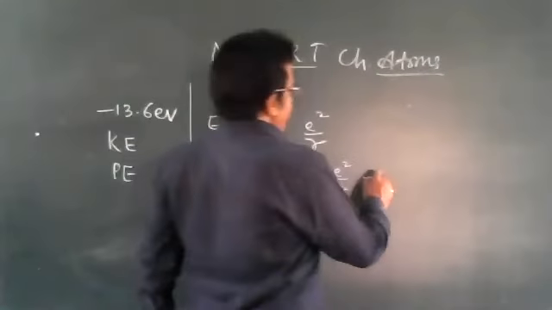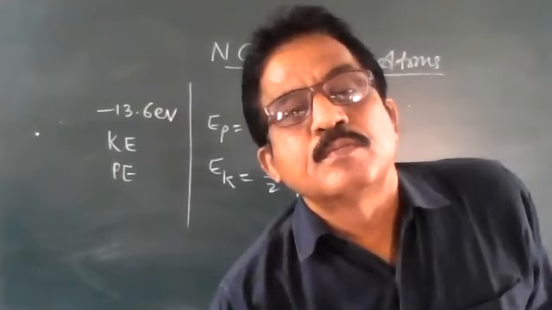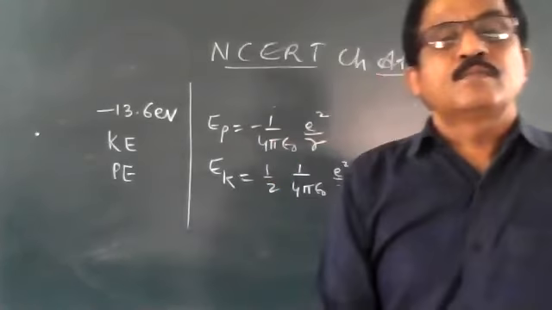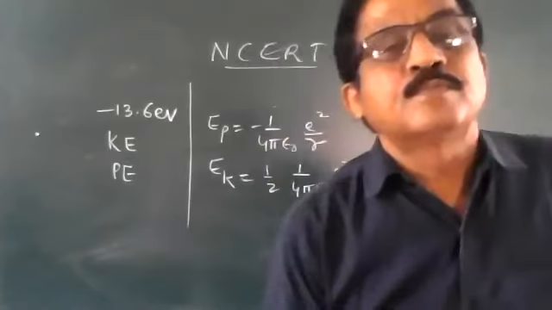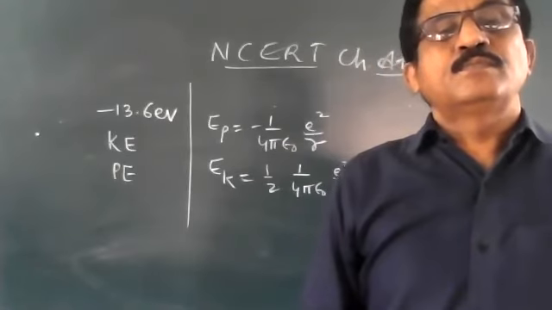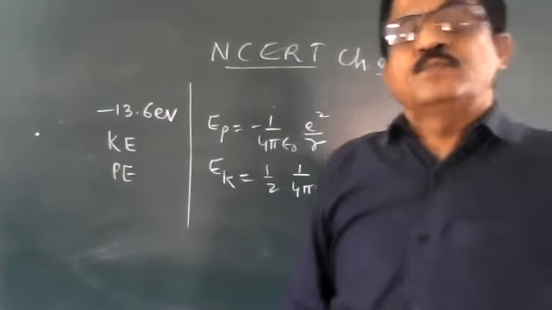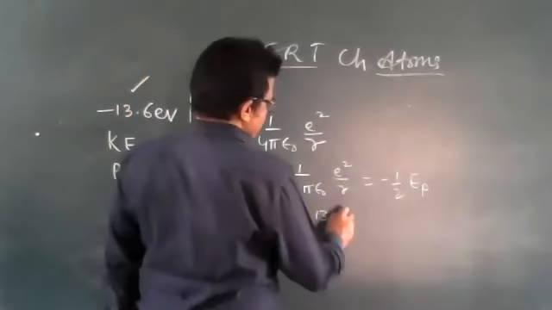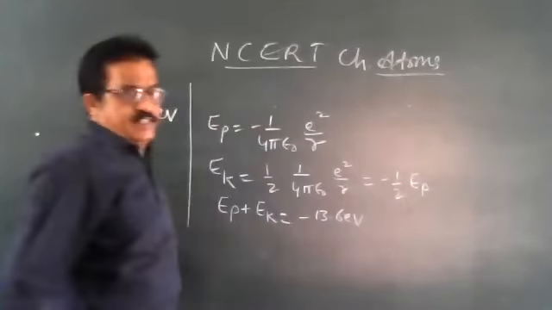So the kinetic energy is half of minus of EP, that is minus 1 by 2 of EP. Now what we have to do here is, the total energy given to you is EP plus EK, that is minus 13.6 electron volt.